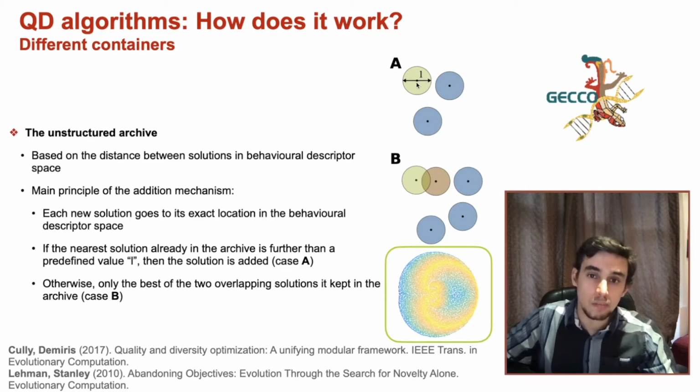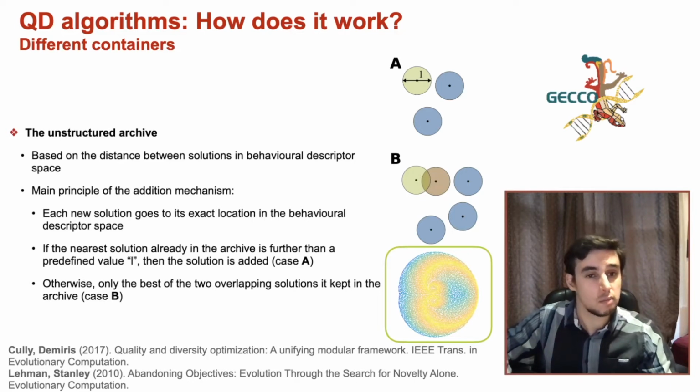If the closest solution is further than a predefined distance L, then we add the solution. In the other case, if there is an overlap between the new solution and the closest one, then we run a competition, and only the best solution out of the two remains in the archive.